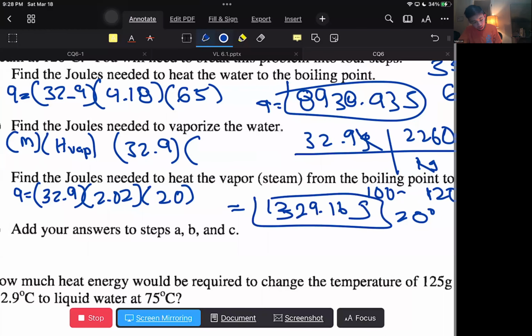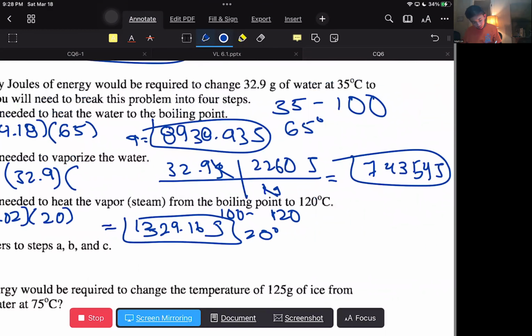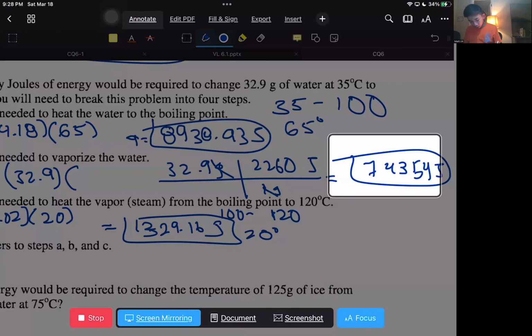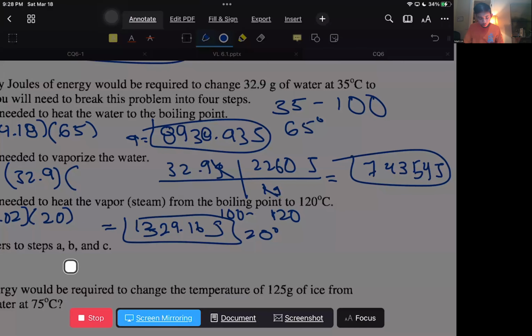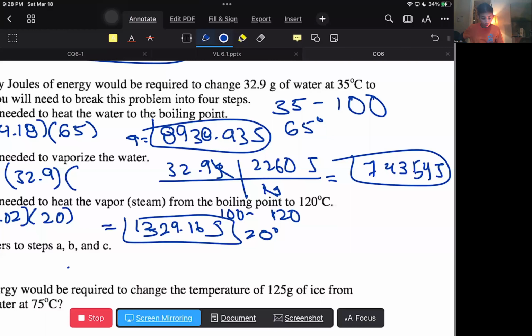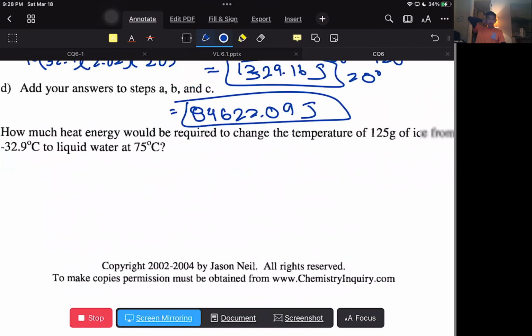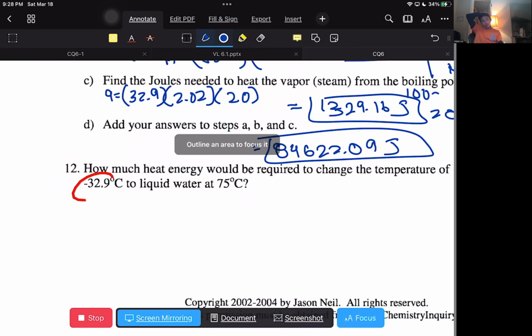And so the other steps, A, B, and C, we have 8938 plus 74,354 plus 1329. Should get 84,622.09 joules.